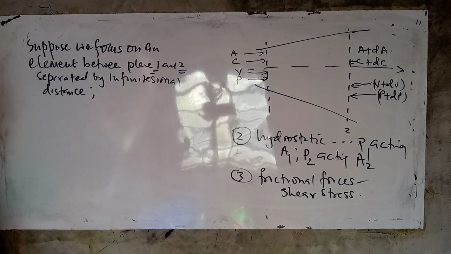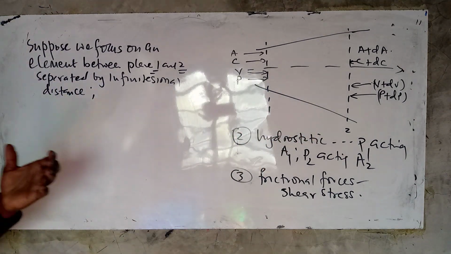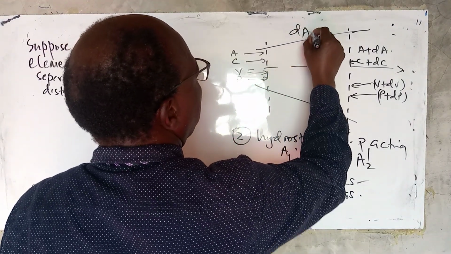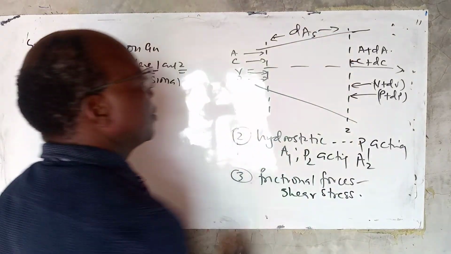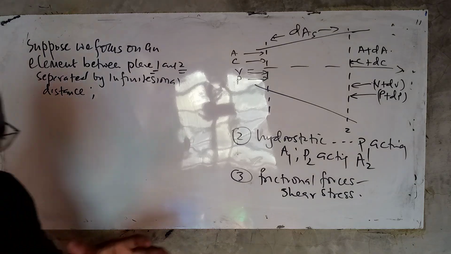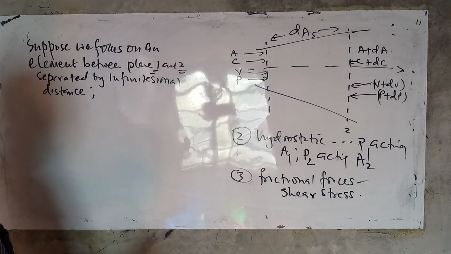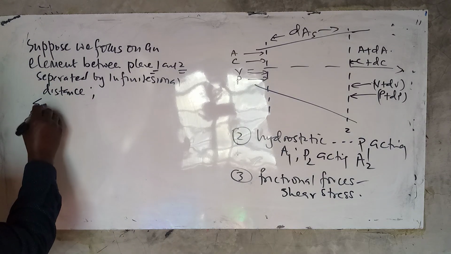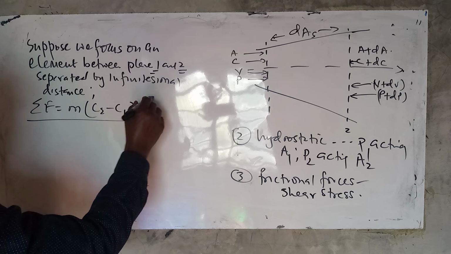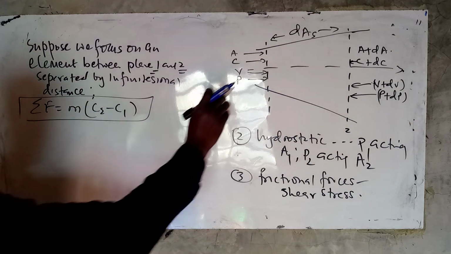Always remember that. So if we focus on an element separated by some infinitesimal distance, then in the differential notation, the momentum equation for this small section, we now have the various forces.